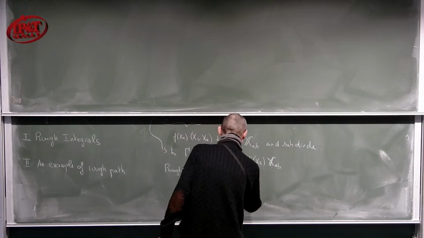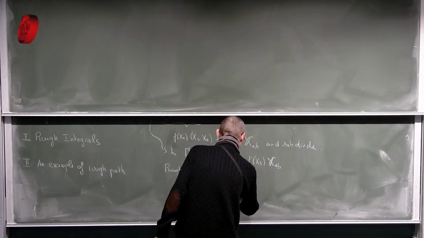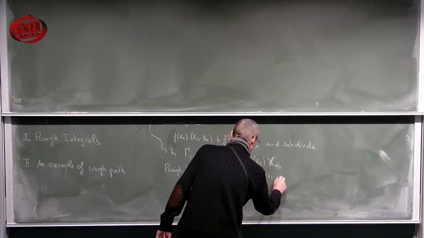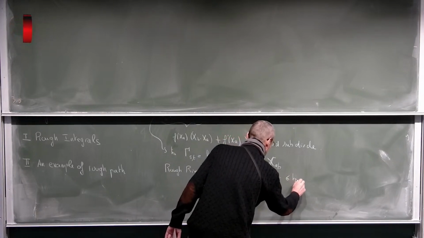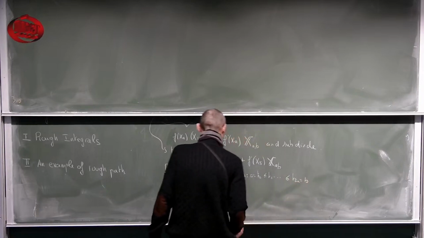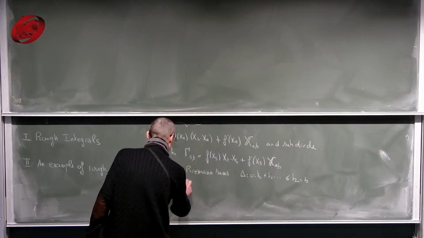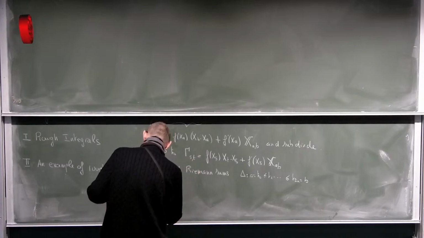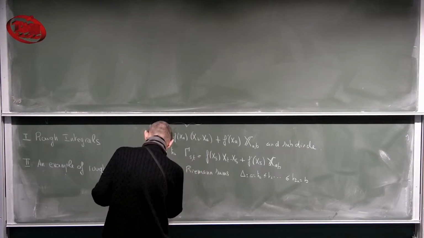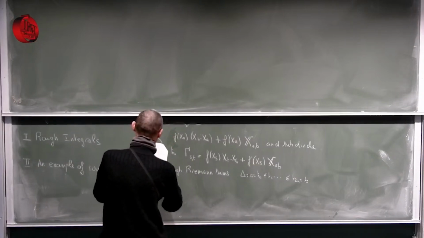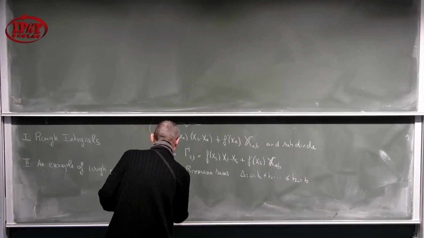And so essentially, if I have a subdivision, a tagged subdivision, which will be A equals t_0 less than or equal to t_1, and so on, less than or equal to t_2n equals B, I will define as usual. My notation for that is maybe a bit too complicated, but what did I choose? I just want to make sure.